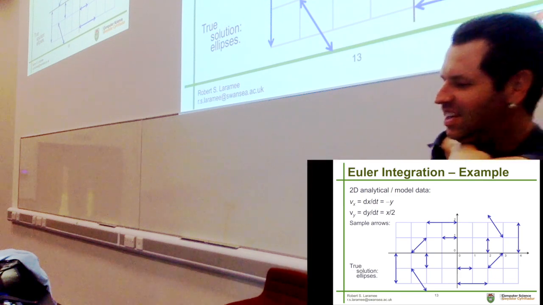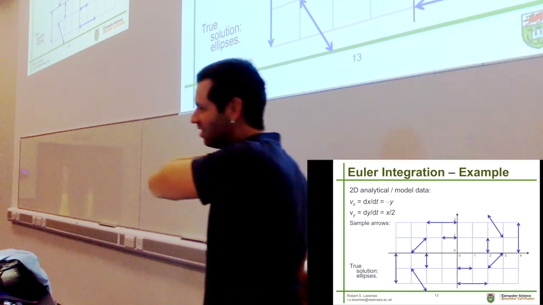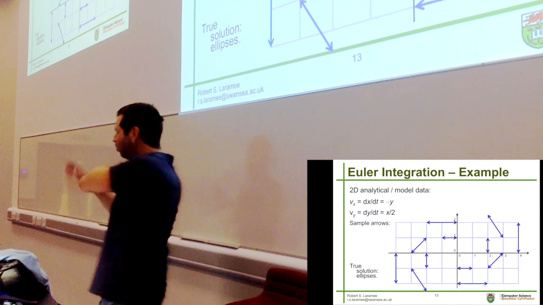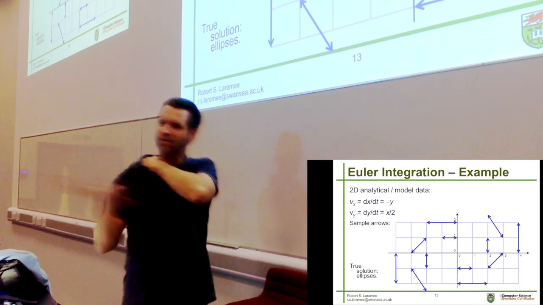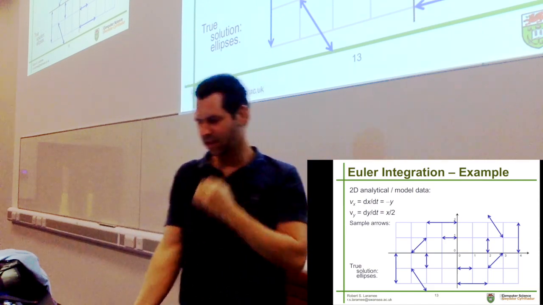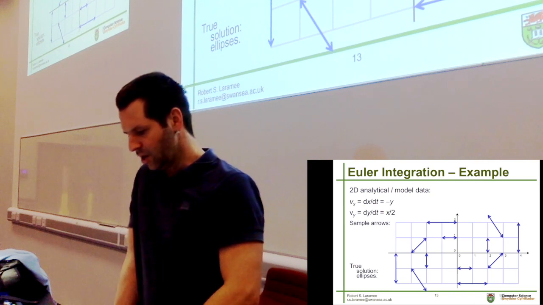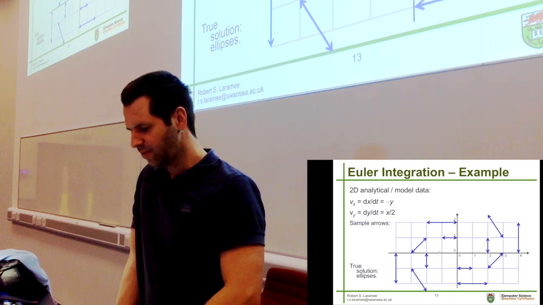So Vx at that point is 0. There's no x component of the velocity at that point. And that's going to be true about basically all the points along that have 0 along the y.